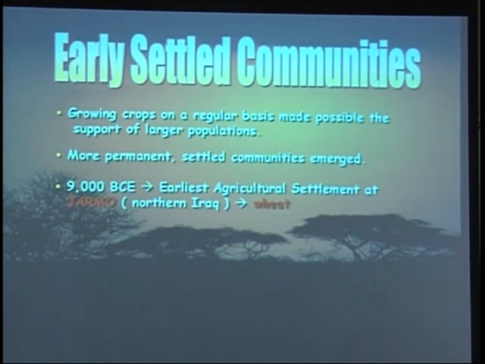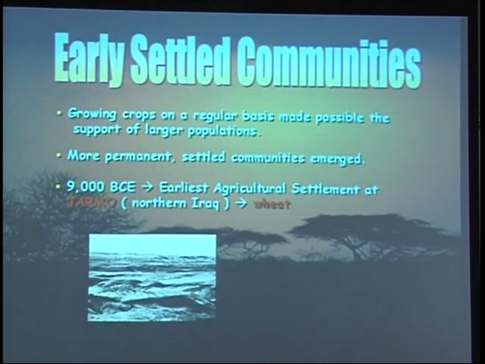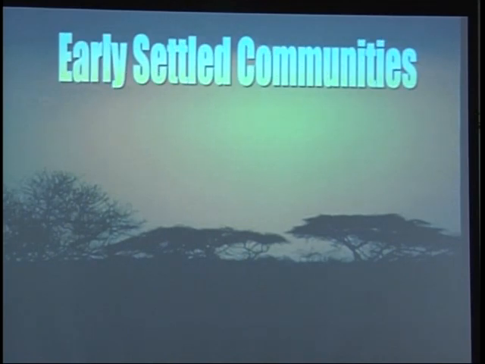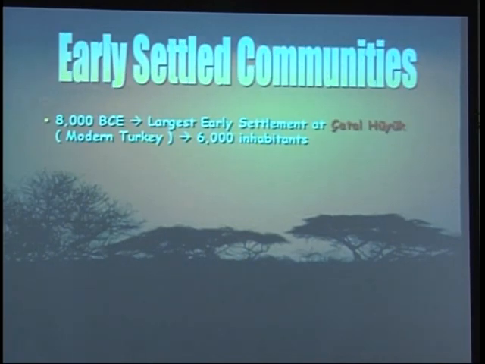Around 9,000 BC, some of the earliest settlements of man where they established communities were found in modern-day Iraq. Around 8,000 years ago, the largest settlement, again in the modern-day Middle East, this one in Turkey, had around 6,000 people. So you can see that they started to form decent-sized communities.